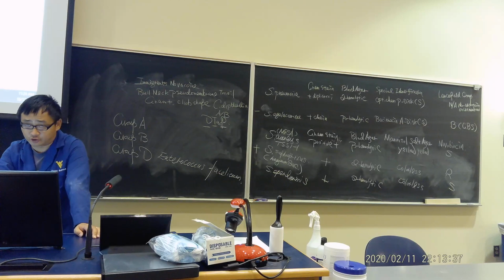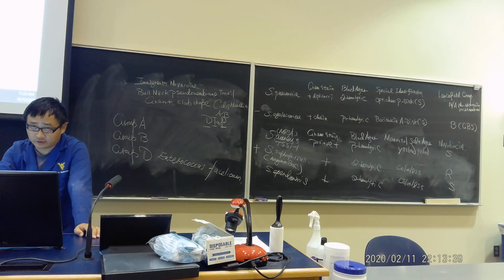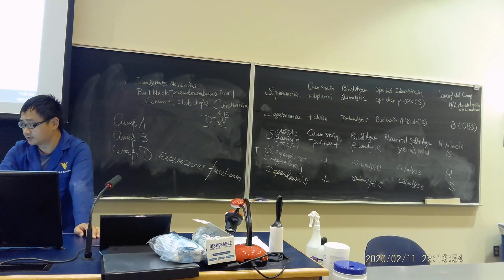So which pathogen will cause a severe sequela, which means even when you recover, they still have something? Rheumatic fever and glomerulonephritis. Which one? It is strep throat, Streptococcus pyogenes, because it's very invasive. So the answer here is Streptococcus pyogenes.